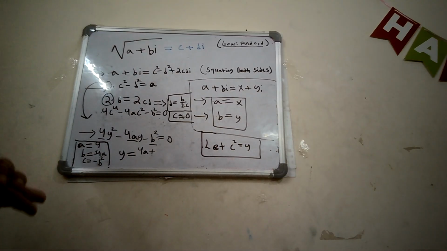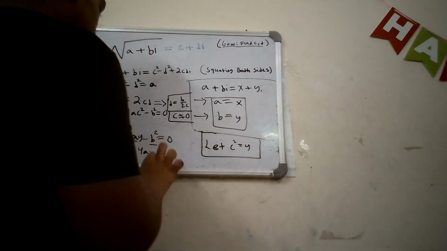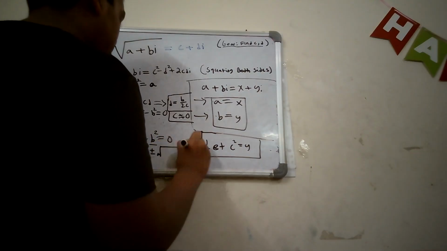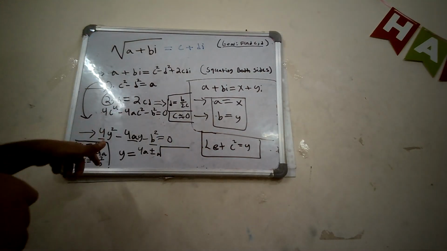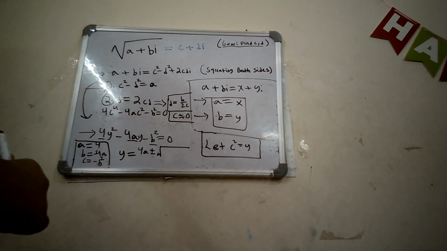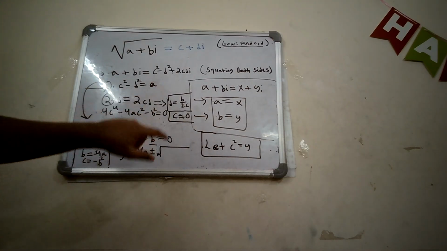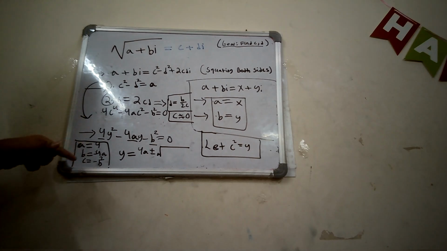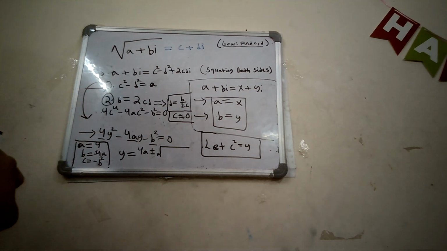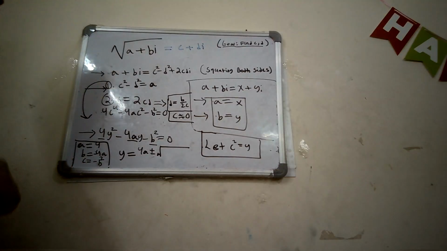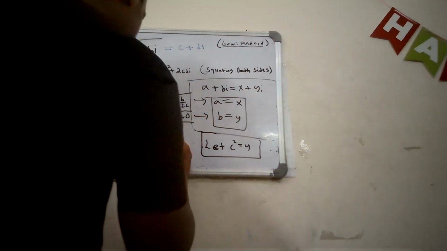Let's first use the formula: negative b plus or minus the square root of b squared minus 4ac. Here b squared is negative 4a squared, so negative 4 squared is 16, and a squared is a to the 2, so this will be 16a squared.